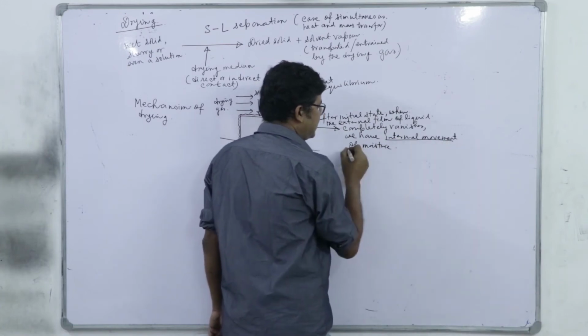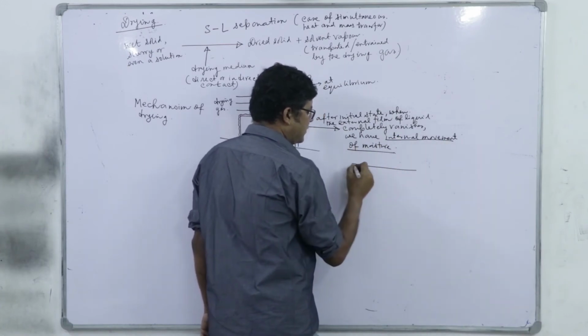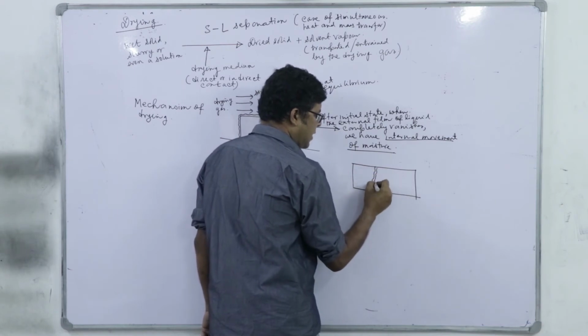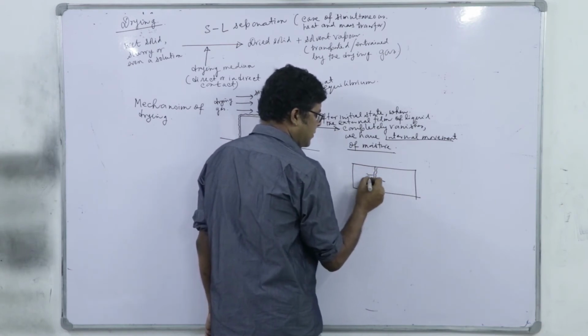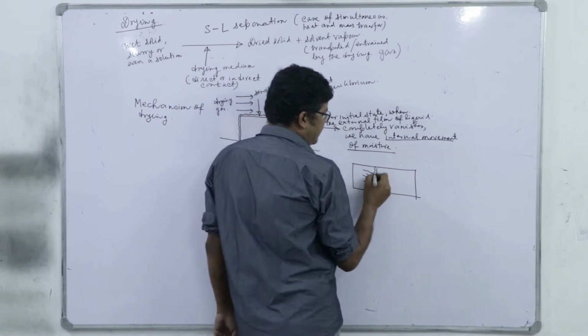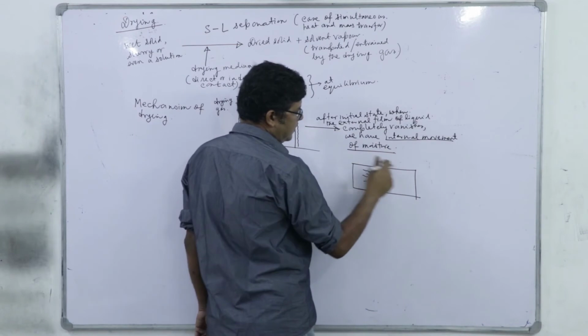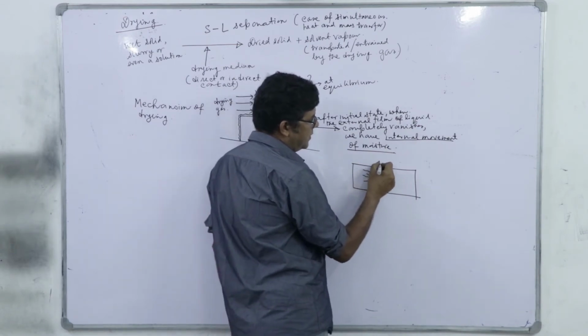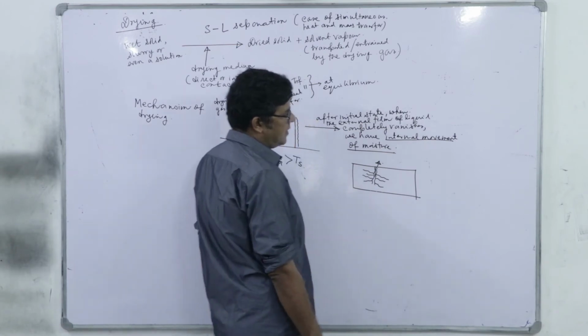Right. So this internal movement means now the solid is dried up. However, there are capillaries, macrocapillaries and associated microcapillaries, which are the cracks. Right. So you see that liquid from this core region of the solid will be transported to this external surface.